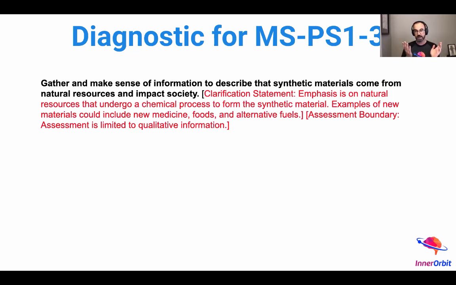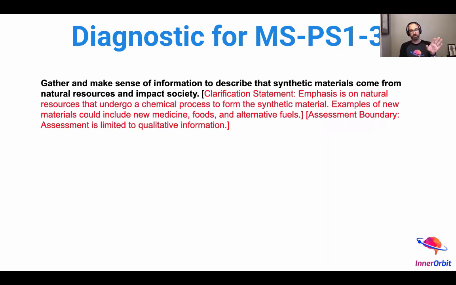And identifying bias right now is a pretty big deal. I would say that before you get into a performance expectation, you can look at the DCIs, as we're going to talk about here. But when you're looking at SEPs, I recommend using non-curricular activities. Like it could be a news article, it could be just some silly thing. Evaluate how well students understand or can obtain, evaluate, and communicate information.